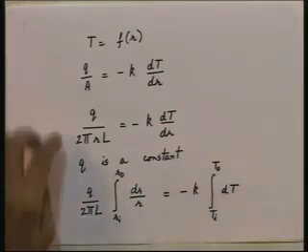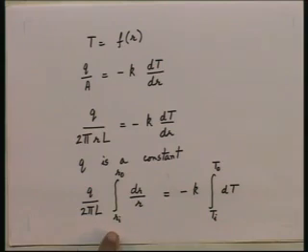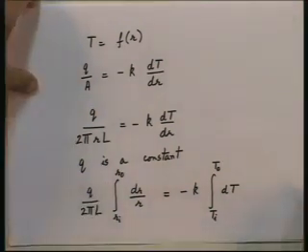So, rewrite Fourier's law in this fashion, integrate from the inner face to the outer face, and after doing that, we will get the result for the temperature distribution and the heat flow rate.